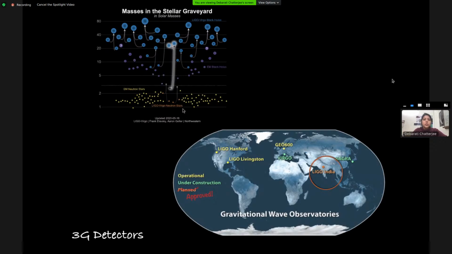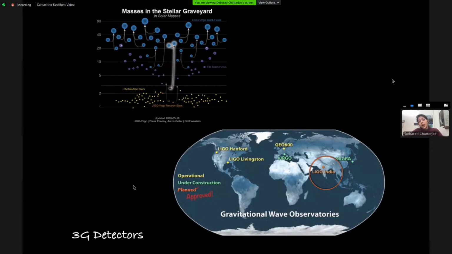So this is a picture where you see that not only black holes, but in addition to the electromagnetic neutron stars that you see at the bottom of the figure, there are now these LIGO Virgo neutron stars which were discovered in gravitational waves. So we are having a better and better picture of the neutron stars and understanding of their interior composition, of the population, their relation with black holes, and so on.